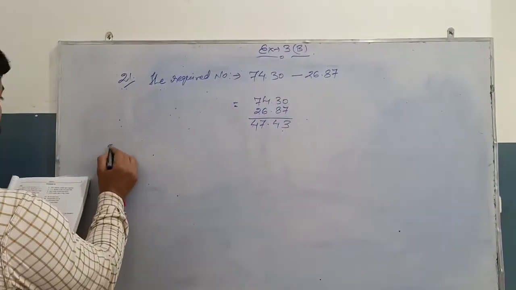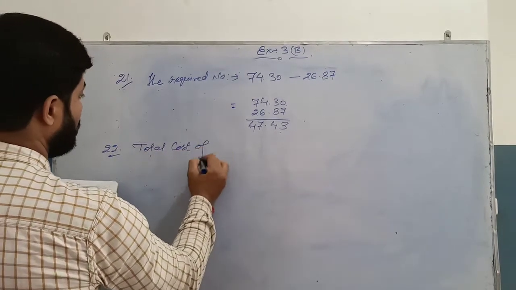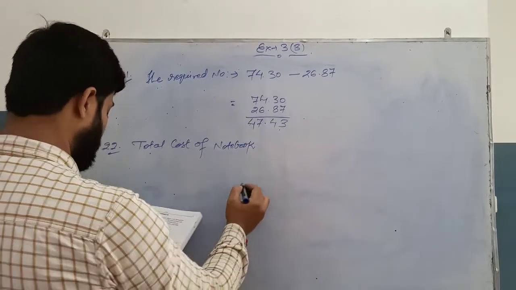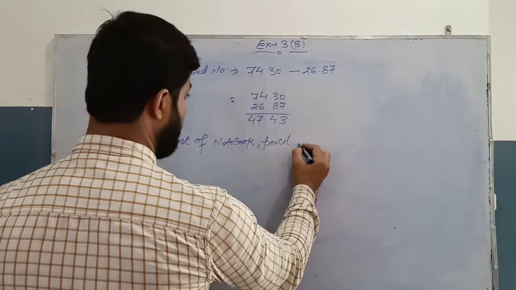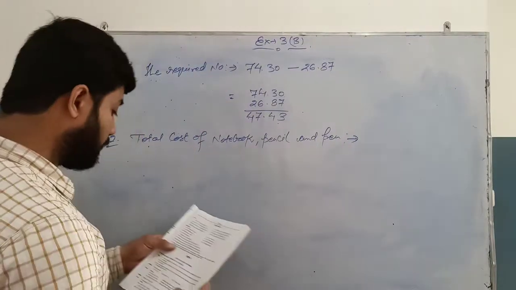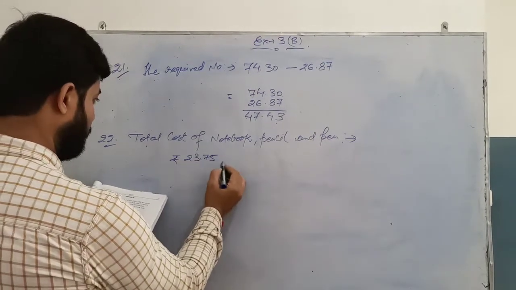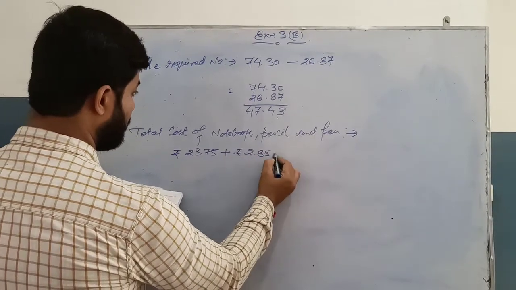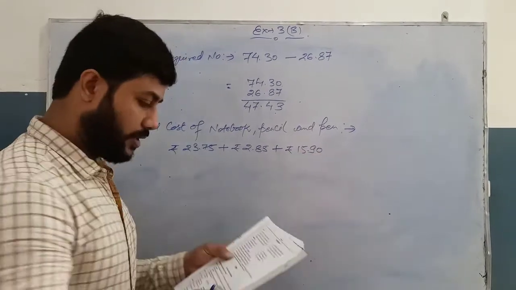So total cost of notebook, pencil and pen. We have to add them. Rupees 23.75 plus rupees 2.85 plus rupees 15.90.